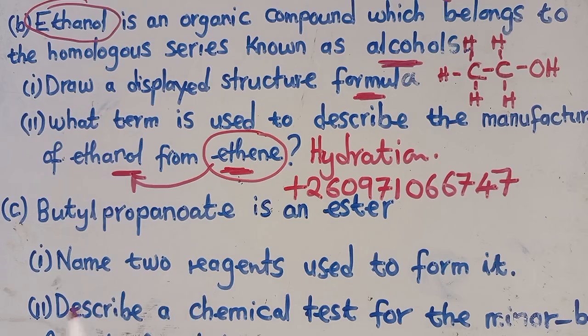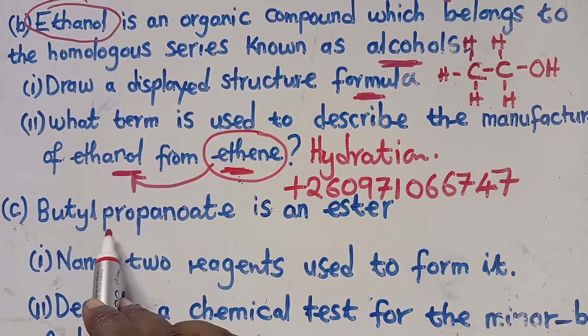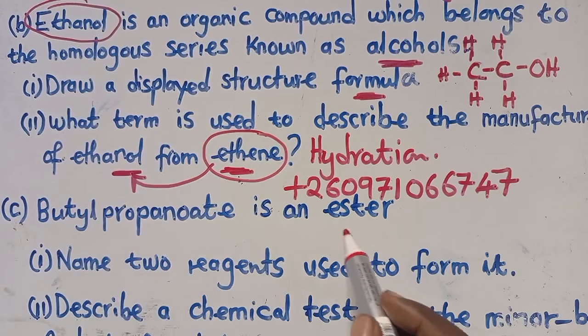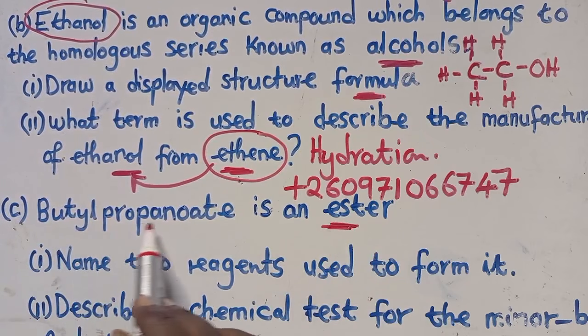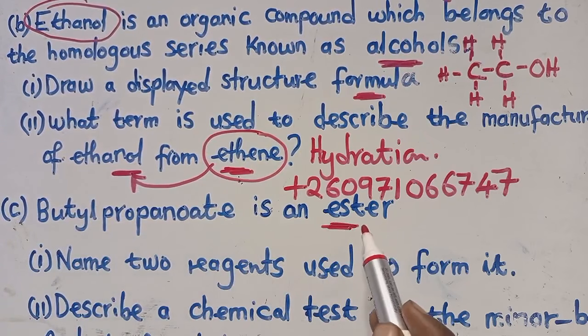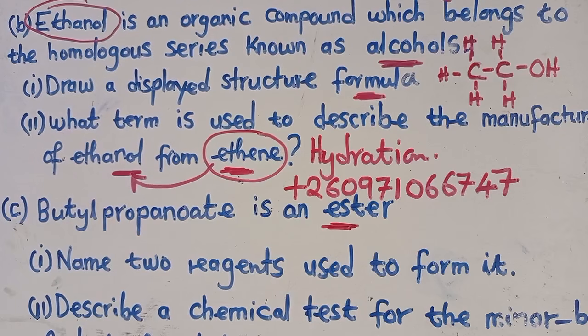We proceed and continue with this other question. Butyl propanoate is an ester. They are telling you that butyl propanoate is an ester. The first question they are asking us is to name 2 reagents used to prepare it.